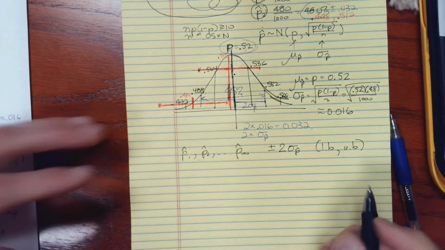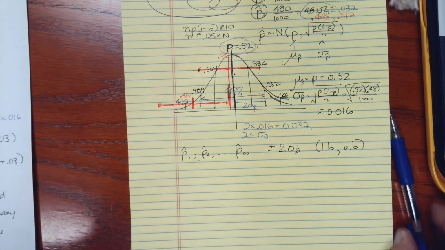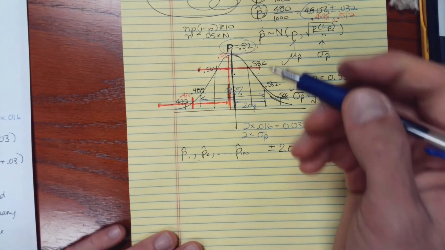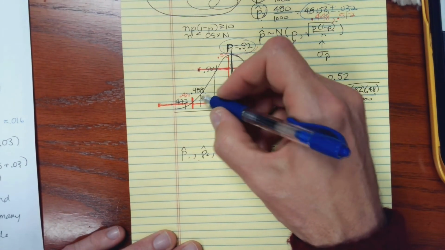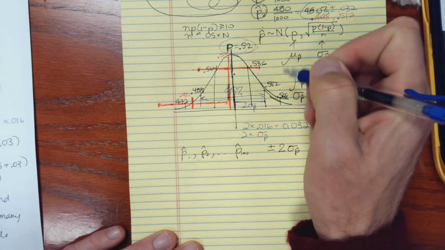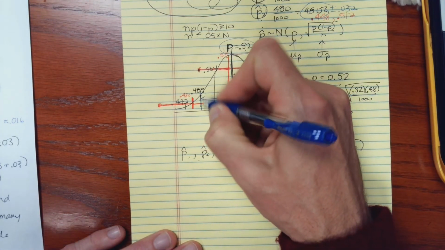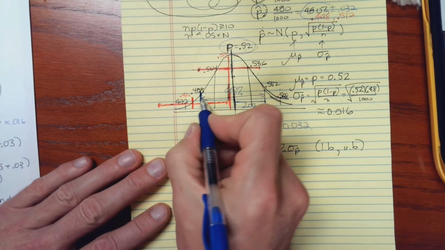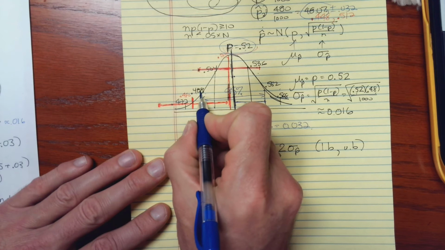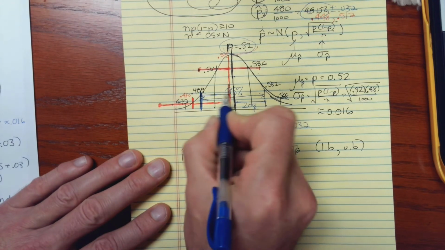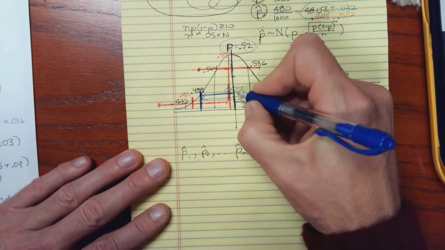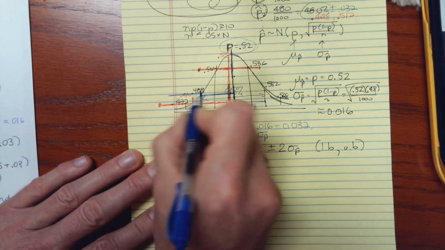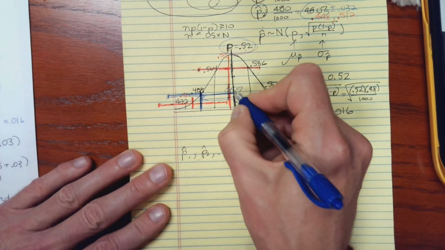Well, the trick to answer this is to think, if I were to get a sample proportion right here on this line and give myself 2 standard deviations, notice that that line is 2 standard deviations from here. So that interval would just capture this.